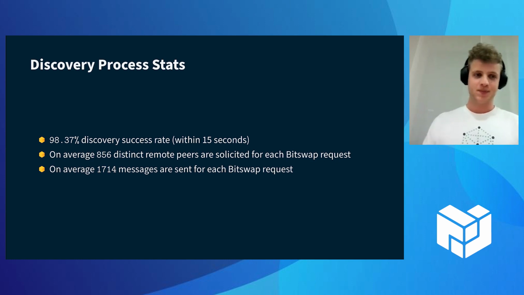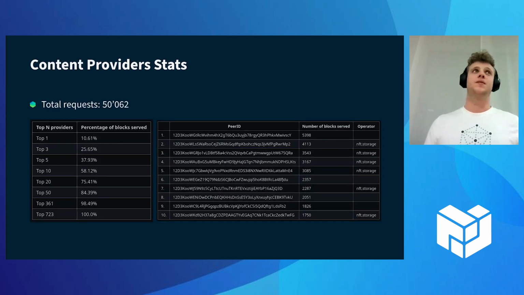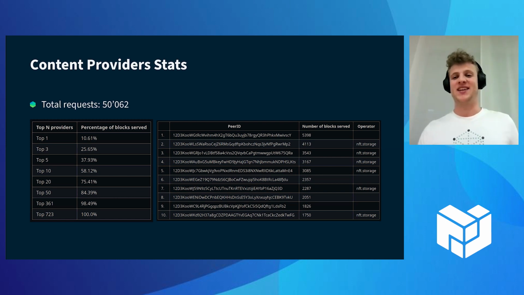Now, the CIDs we took, we think, are representative of the IPFS network requests in general. Out of roughly 50 providers, the top 10 peers provide roughly 60% of all the blocks.